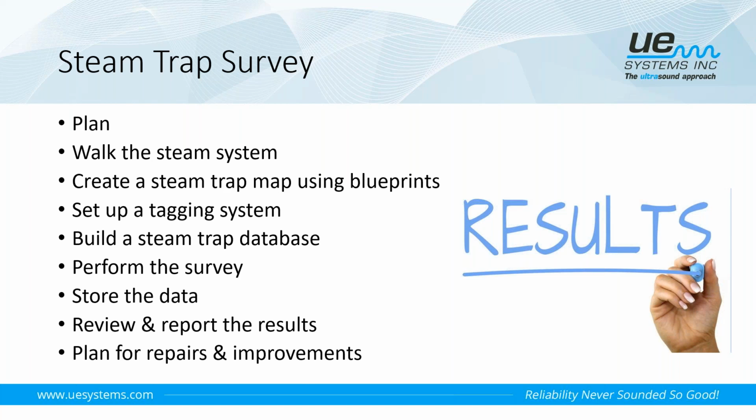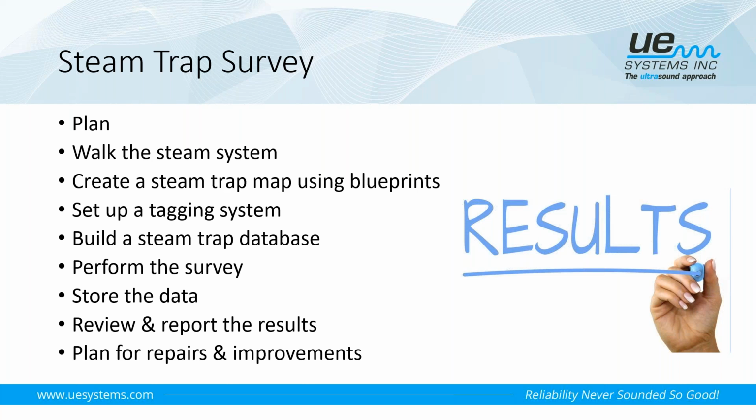So once we've gone through the effort to plan and walk and figure out how we want to name these steam traps, how we want to break up the areas, in regards to how we make it manageable, typically you start in the boiler room, then you walk your way out to the distribution lines, and then finally down to where the steam is being used.